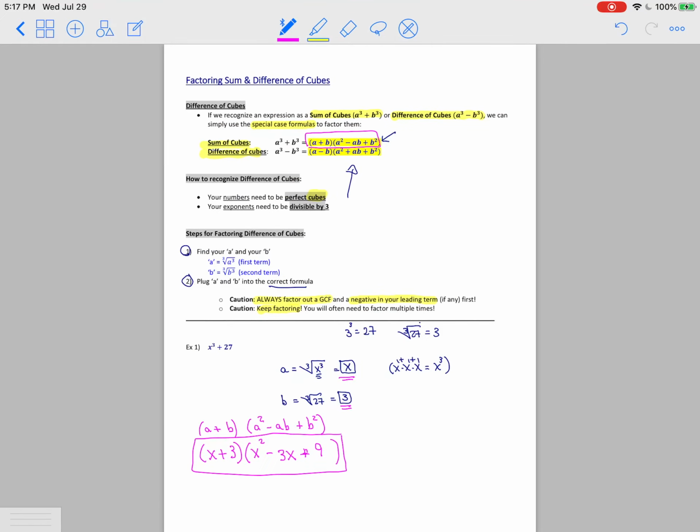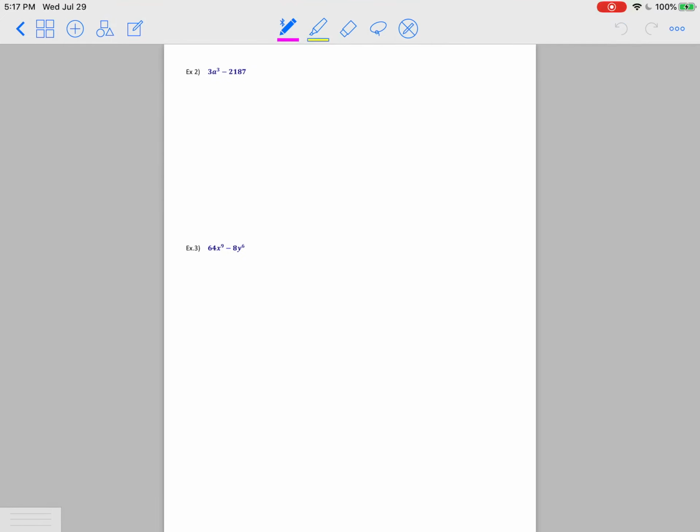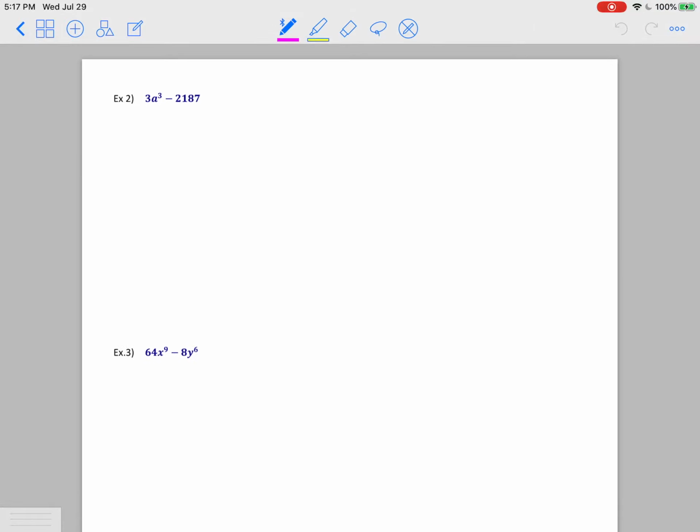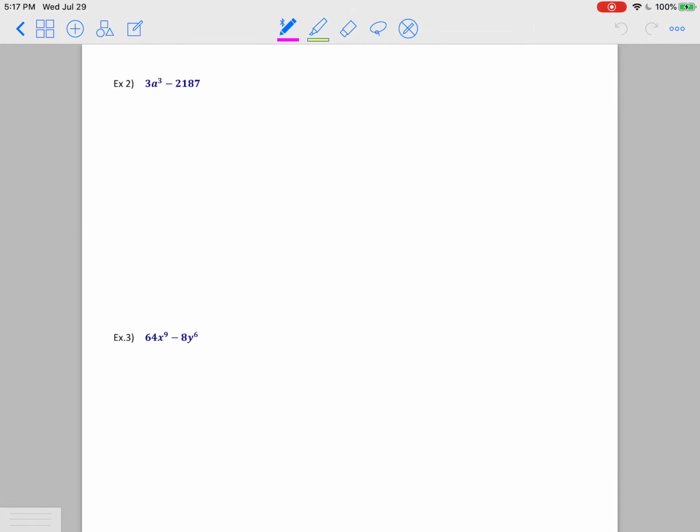All right, so that was example number 1. All right, let's move on here. Example number 2. All right, so remember the two things that we're checking is that our numbers are perfect cubes and that our exponents are divisible by 3. So let's check our numbers here. We've got a 3 and a 2,187.